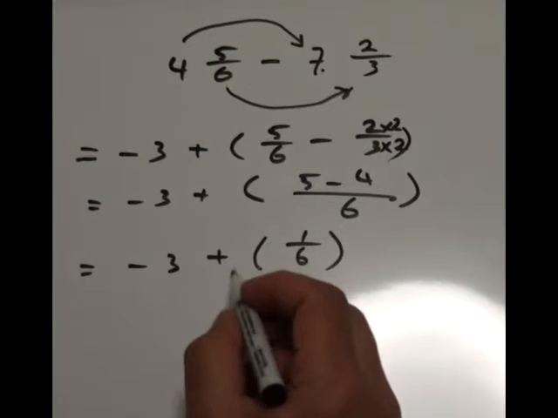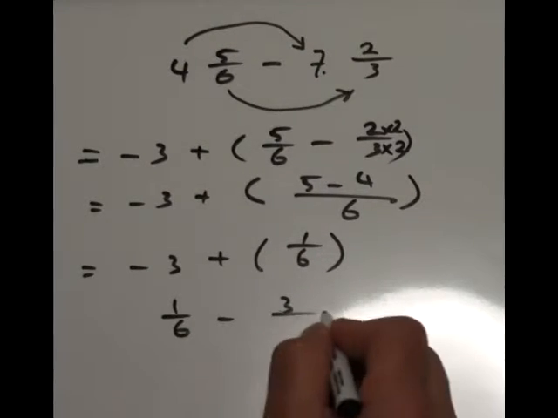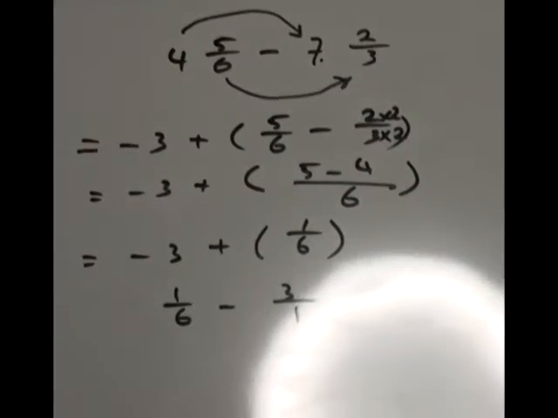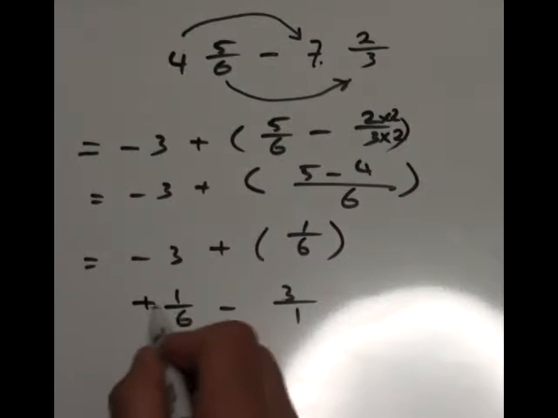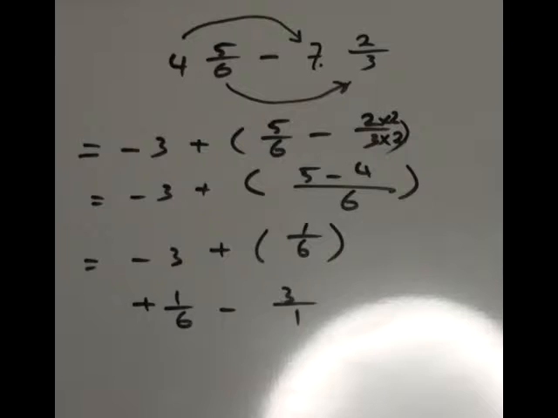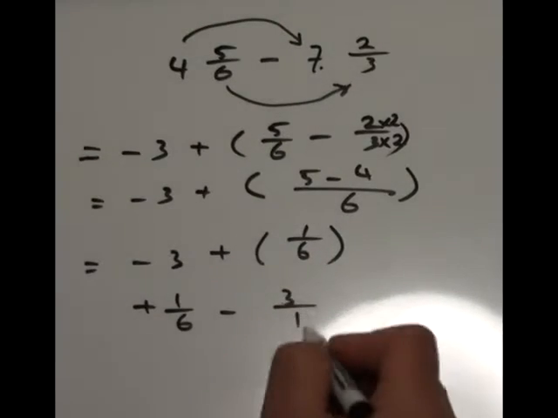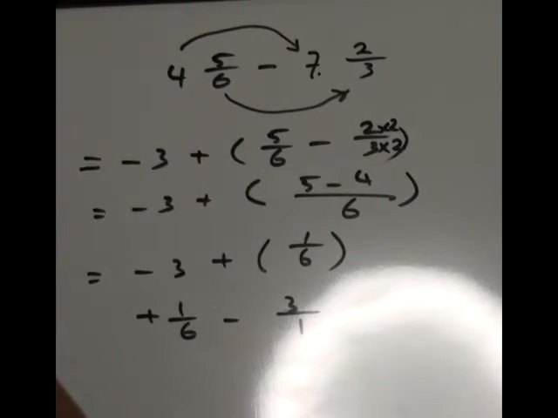So it's really the same as saying 1/6 minus 3 over 1, isn't it? Because we're keeping the plus with the number that comes after it, so it's a plus a sixth, and we're keeping the minus with the 3, so it's minus 3, and of course 3 is the same as saying 3 over 1. So now we want to make common denominators.